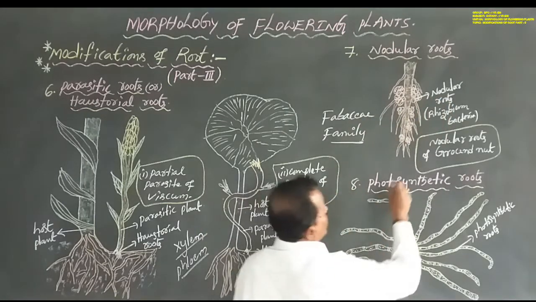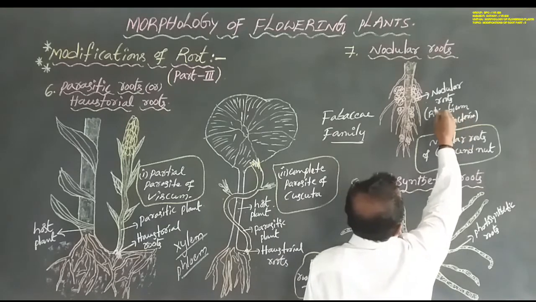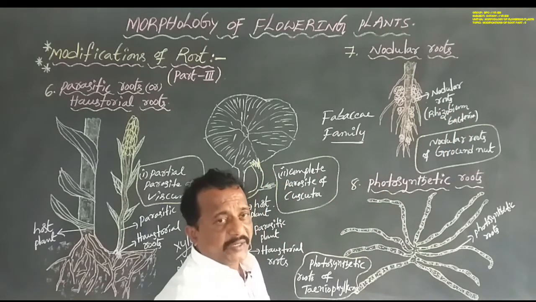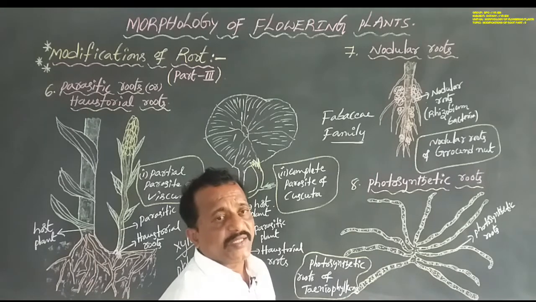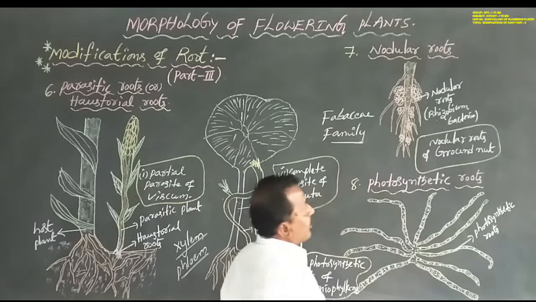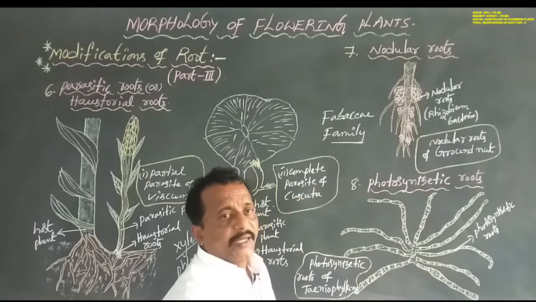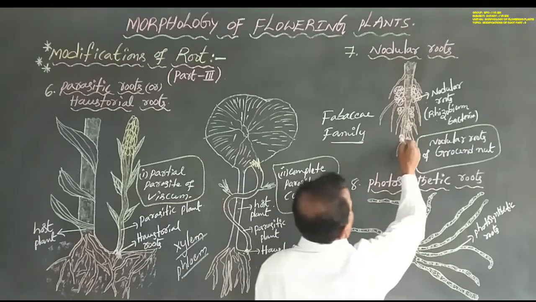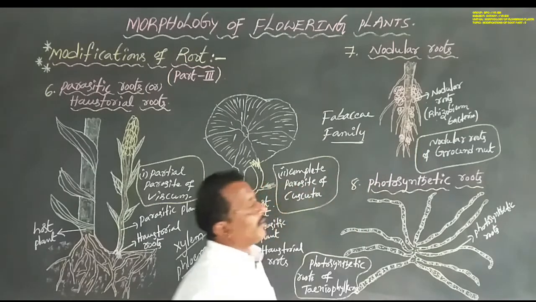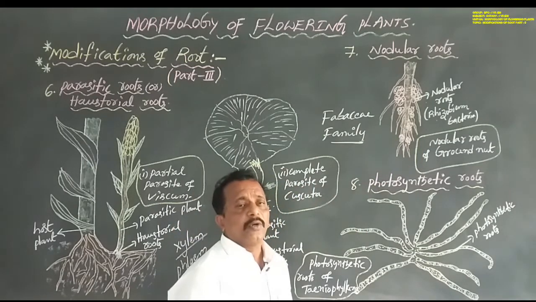These nodular roots contain one type of bacteria, Rhizobium, which always helps in fixing atmospheric nitrogen. And in the nodule there is a red or pink pigment, leghemoglobin.